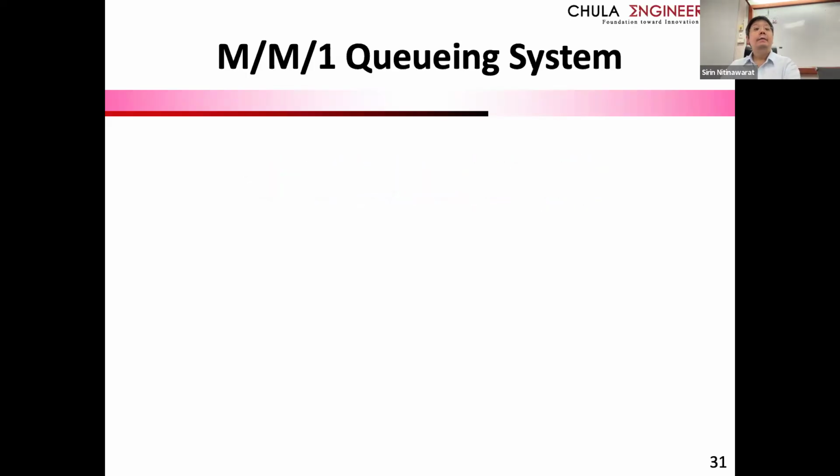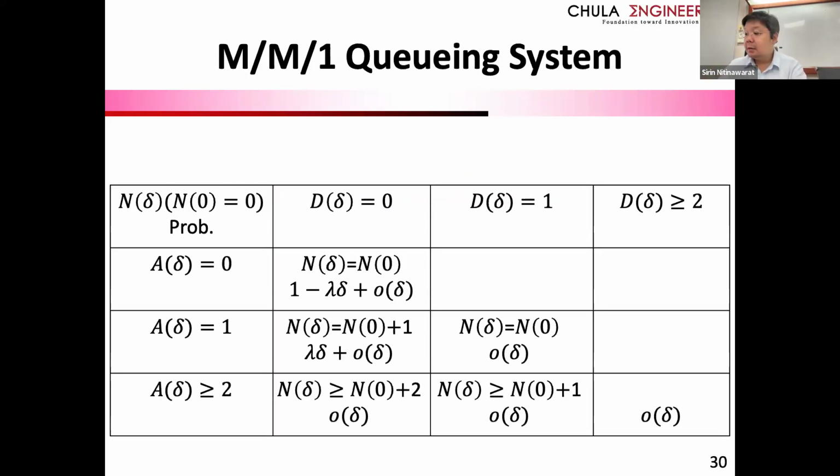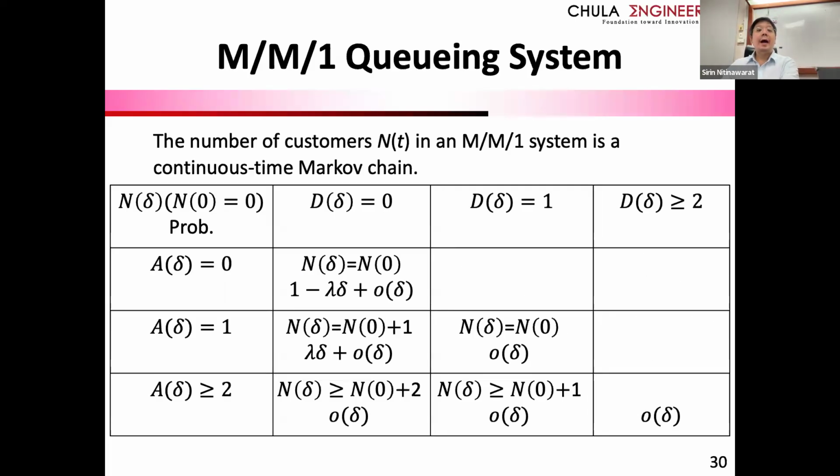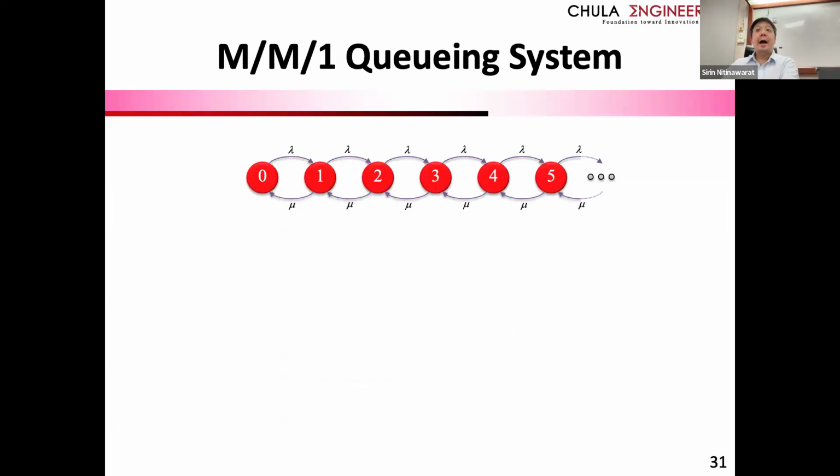Similarly for this one. If I were to write any arrow, it would come back to the current state, but because this one has complementary probability, I don't need to write it. So I can describe the rate of transitions for different states of the M/M/1 queuing system using this state transition diagram, right?